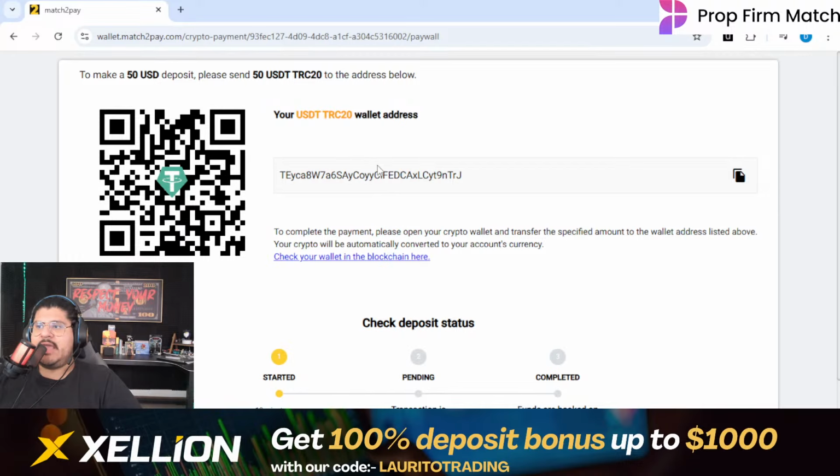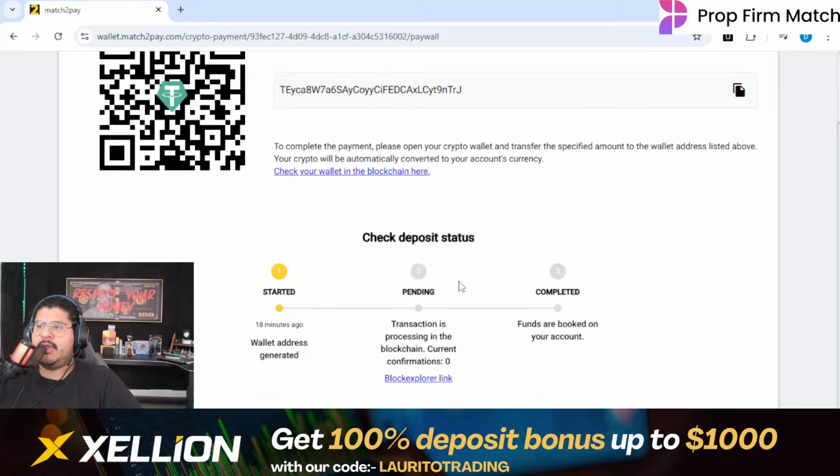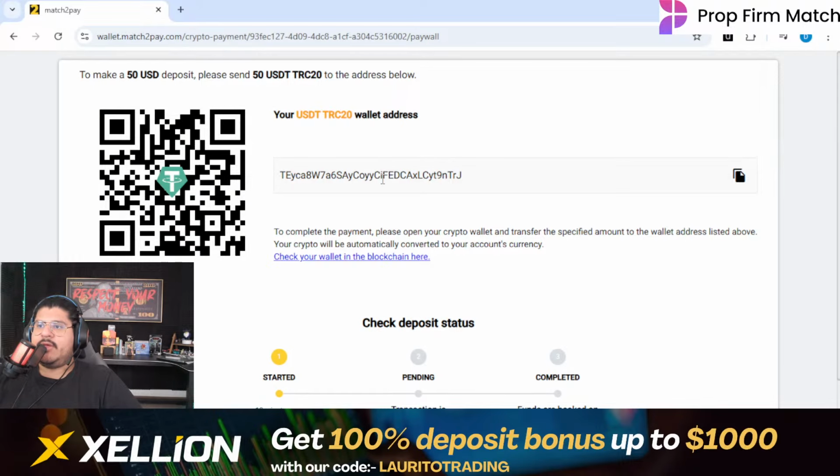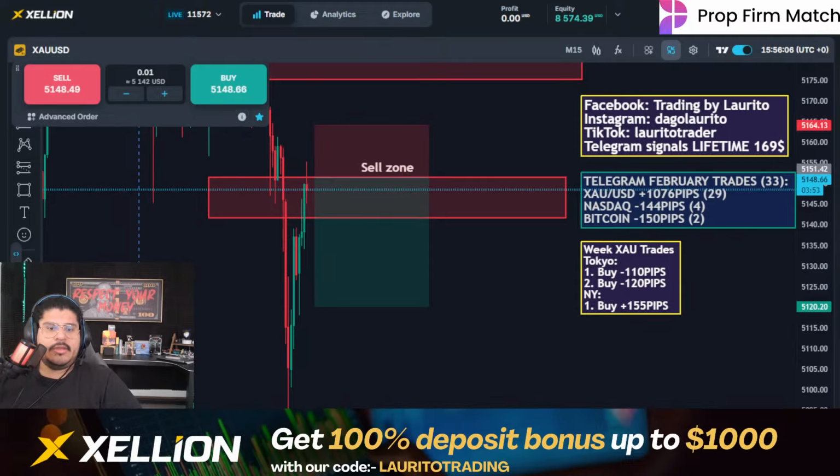They will generate a specific wallet to receive that money for the deposit, straight and directly. You can scan there with a cell phone, or just copy the wallet here with no issues, and then you can send the money with no problems.